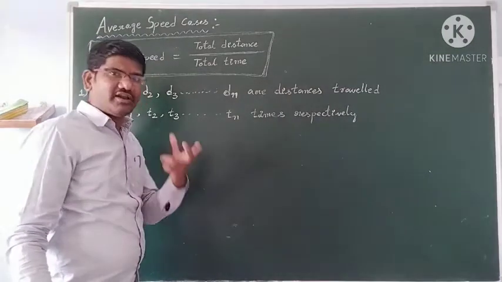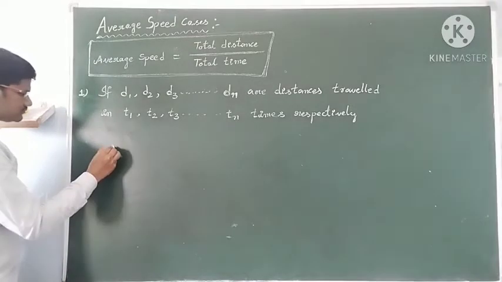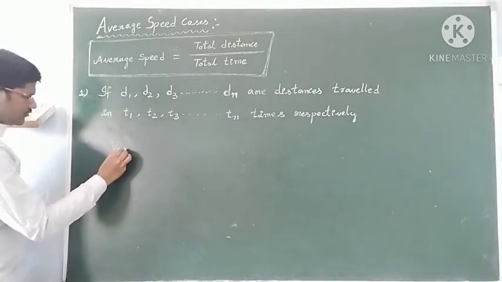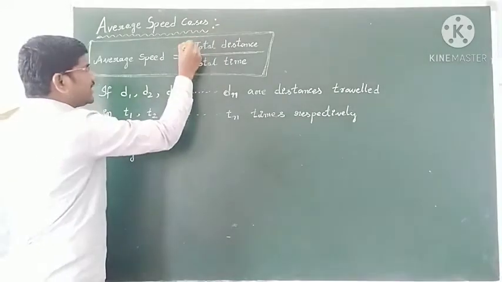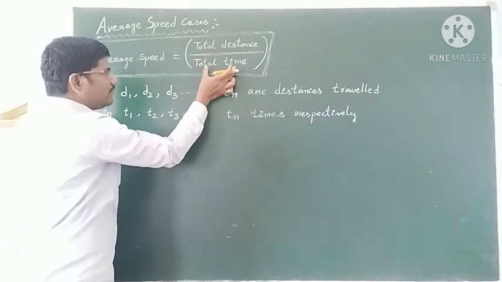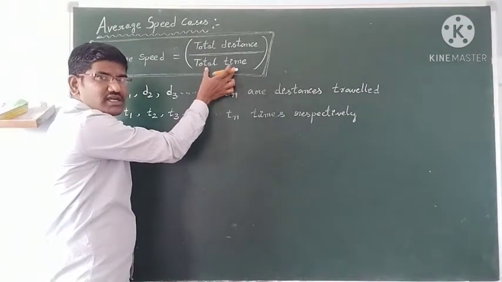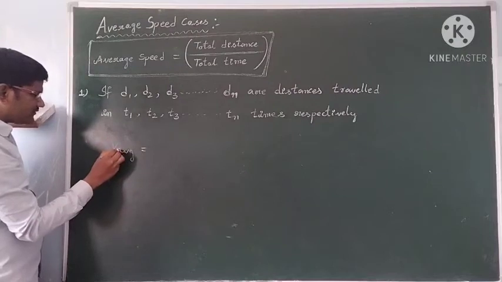Then the average speed of the particle, V average, is equal to, what's the formula, my dear students? Total distance by total time taken. I am denoting average speed as V suffix average.